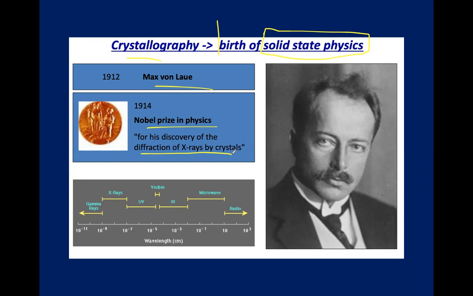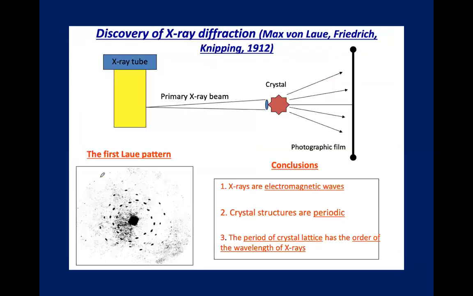Not just refraction, it's kind of a scattering-like feature. That is called diffraction. So X-rays are diffracted by crystals systematically. That was discovered by him in 1912. So that is where solid state physics also started.